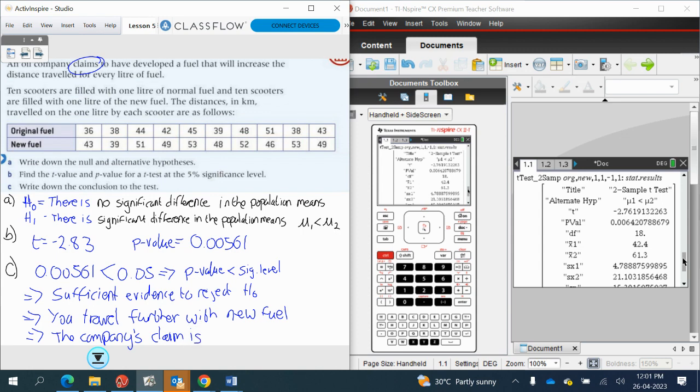We can say it's valid, but I like the idea that it cannot be rejected. Could we say there's insufficient evidence? The company's claim is valid would be acceptable in the exam. The company's claim cannot be rejected is even better. You're following the statistics.